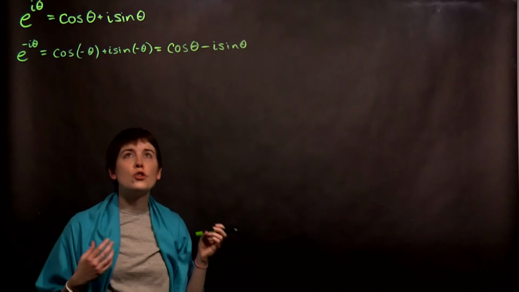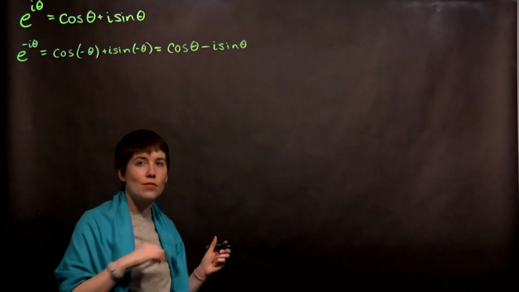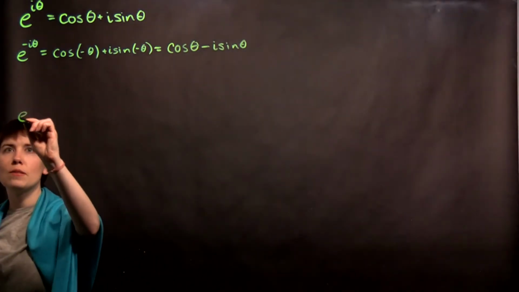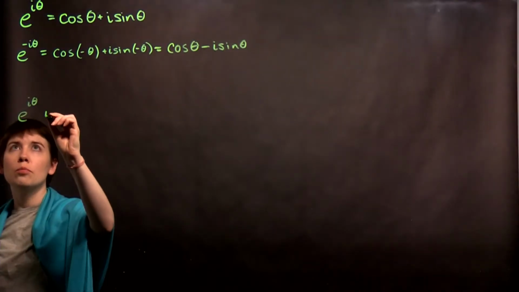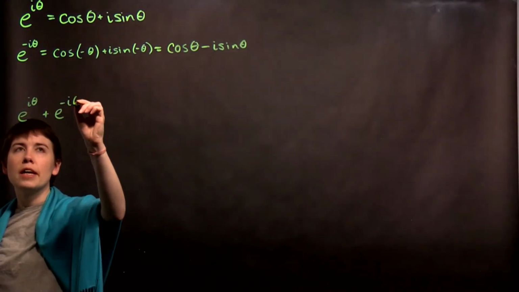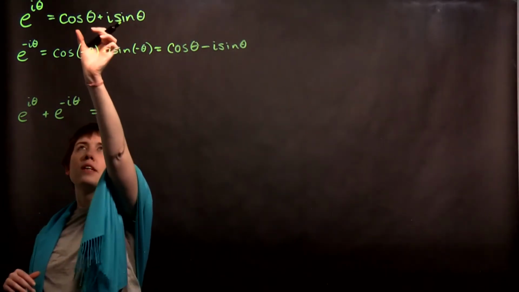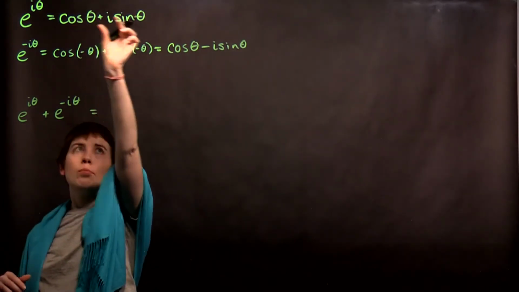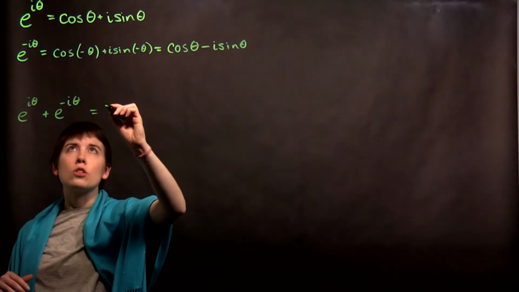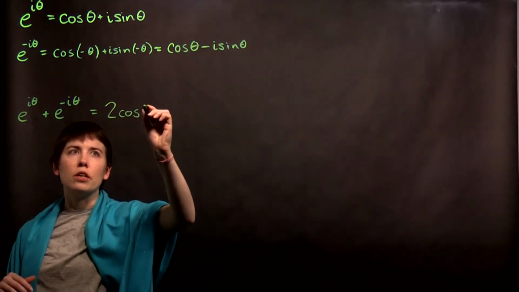So one thing we could do right now is add these together. Let's take e to the i theta plus e to the negative i theta. Well, I'm going to have cosine theta plus cosine theta, which is 2 cosine theta.